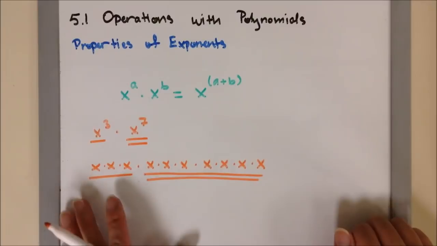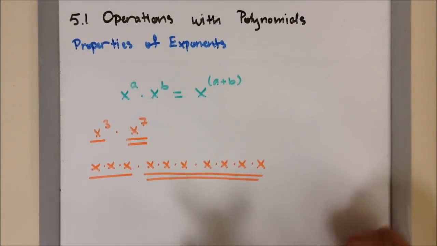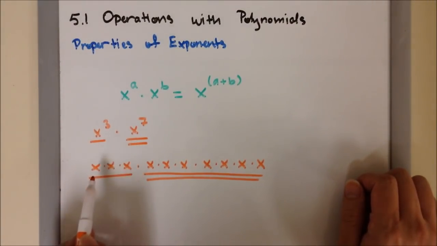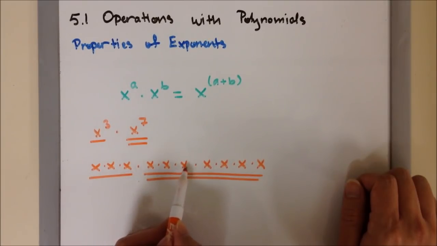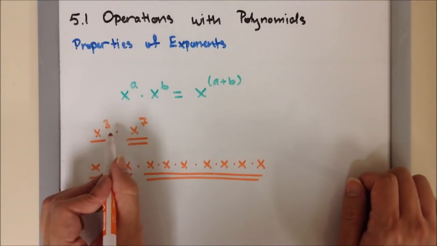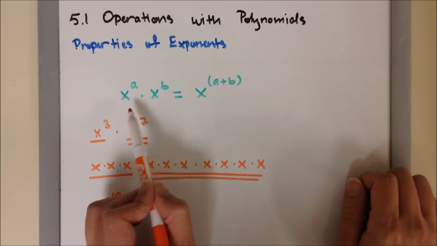Now, since all these x's are multiplying, if I were to combine a shorthand version, let me count how many x's there are. 1, 2, 3, 4, 5, 6, 7, 8, 9, 10. So it's going to be actually x to the 10th power, which is the same as if I were to multiply this, found this property of exponent or law of exponent.